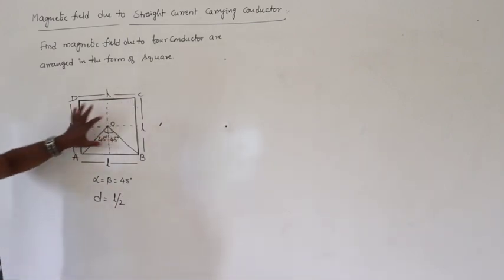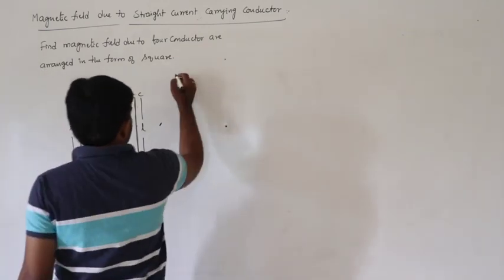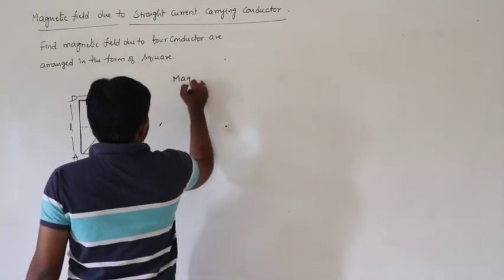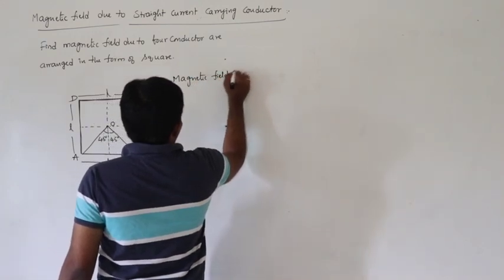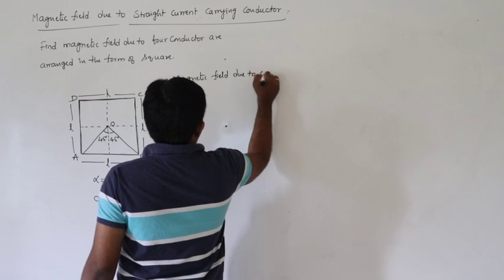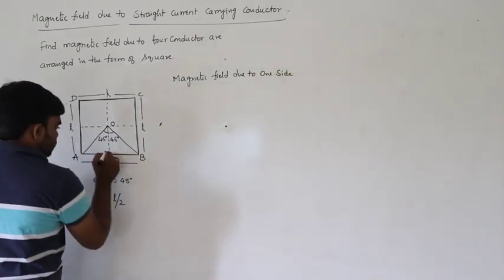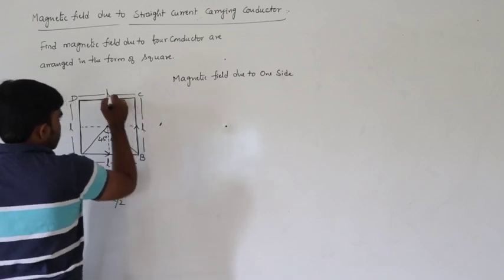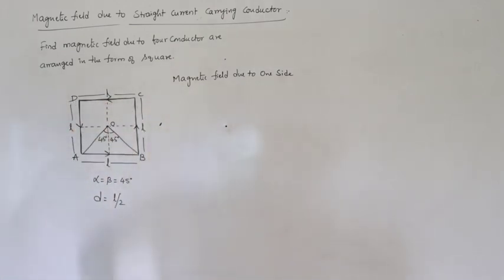This total length is L and the center means this is L by 2. Now first calculate the magnetic field due to one side. Let us say this is one side, and this is the direction of the current flowing.